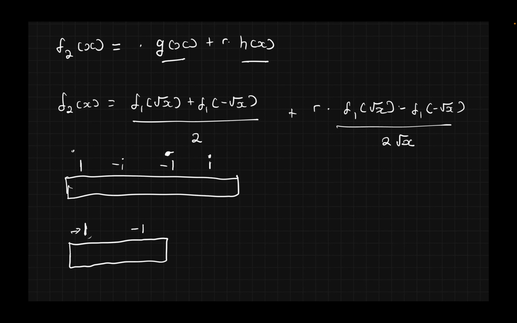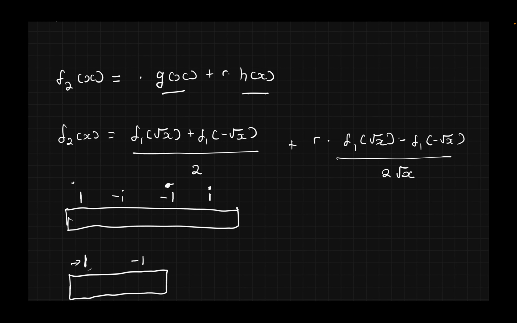Yes. So that's basically what I'm saying here, that if you know the x at the f2 layer, then to get the equivalent x that you need to evaluate the f1 layer at, you just square root that x, and then put a positive and negative sign, that's like both the pairs, right? That's why this one is the positive one, and this one is the negative one. Does that make sense?